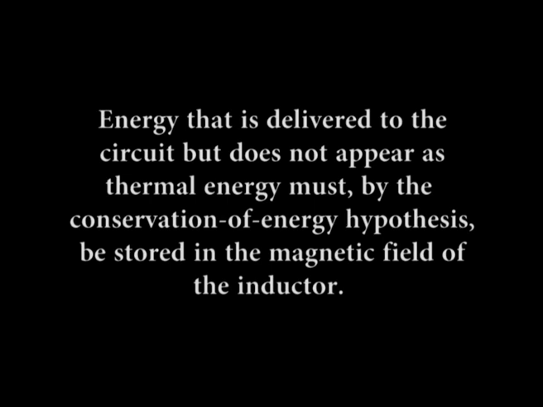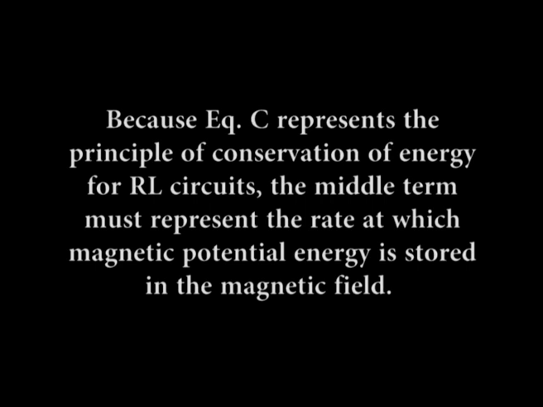Energy that is delivered to the circuit but does not appear as thermal energy must, by the conservation of energy, be stored in the magnetic field of the inductor. Because the equation represents the principle of conservation of energy for RL circuits, the middle term must represent the rate at which magnetic potential energy is stored in the magnetic field.